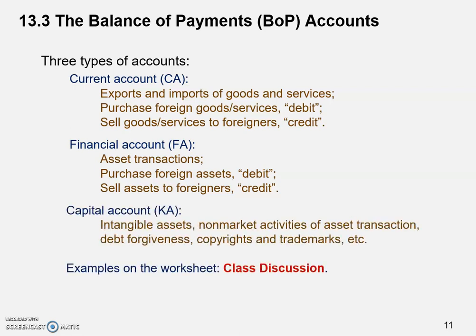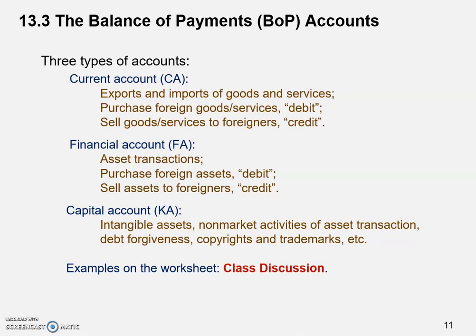And the third type of account is a capital account. Here you would find the transactions about intangible assets, long-term activities of asset transactions, debt forgiveness, copyrights, and trademarks.